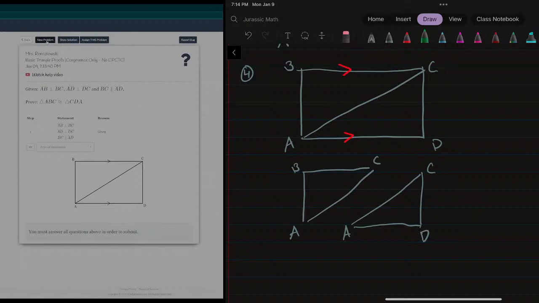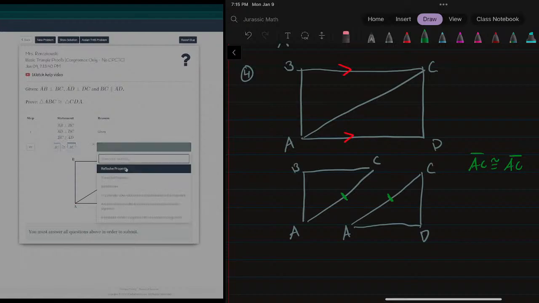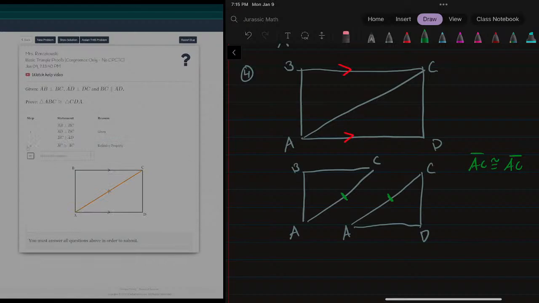So we can say AC is congruent to AC because that's the reflexive property. That'll give us a side, which is nice. So AC and AC, reflexive, try, bingo. Then we can stop and think again.